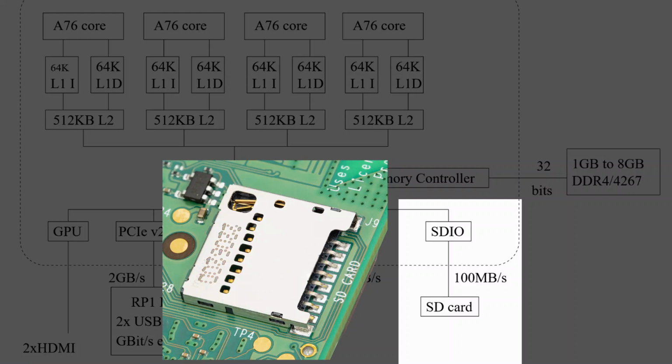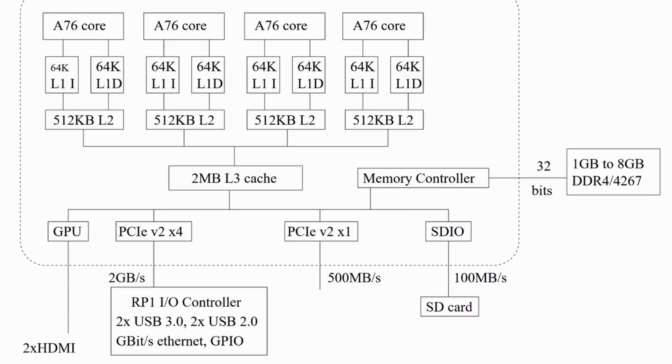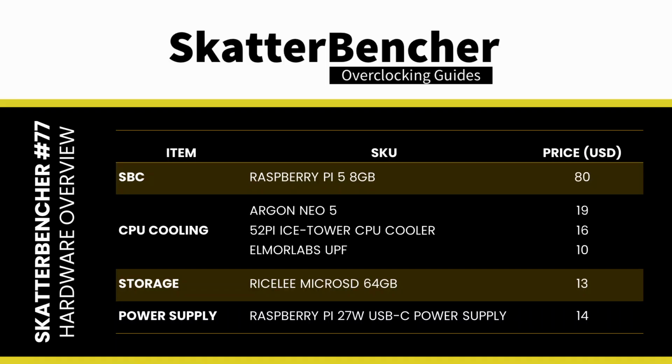Lastly, the SDIO provides a 100 MB per second connection for the SD card, which is the typical storage used for the Raspberry Pi. All these parts of the SoC are connected via a 128-bit data bus running at the VideoCore frequency. The system we're overclocking today consists of the following hardware.